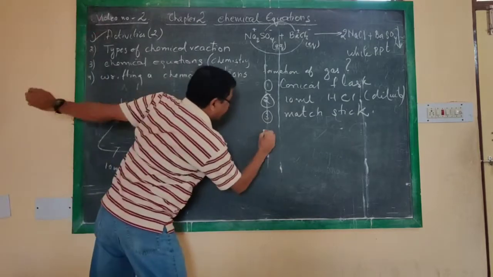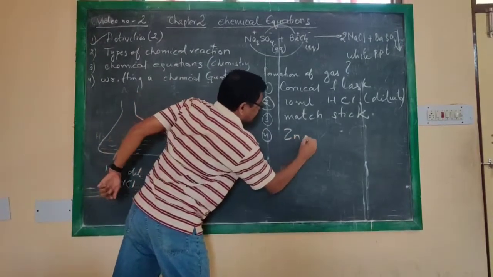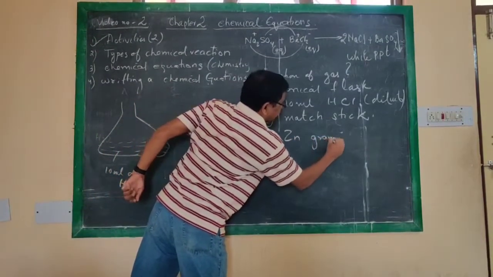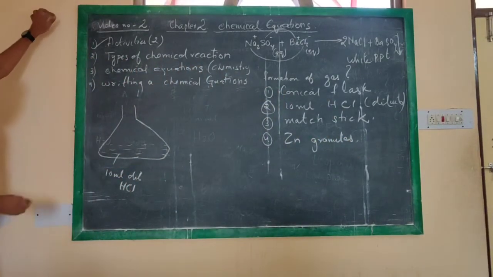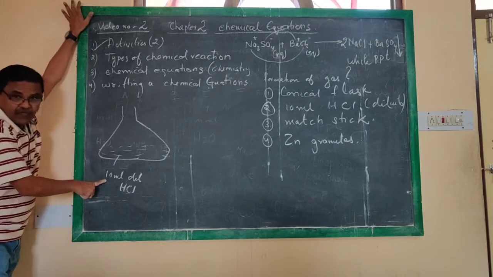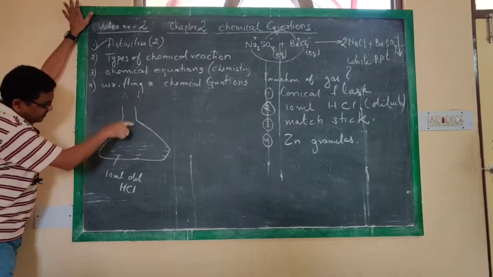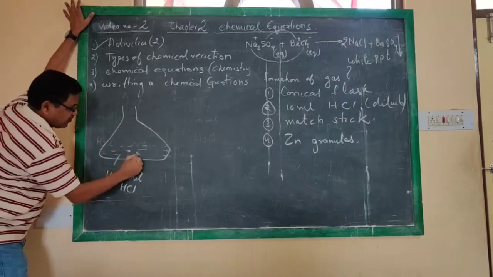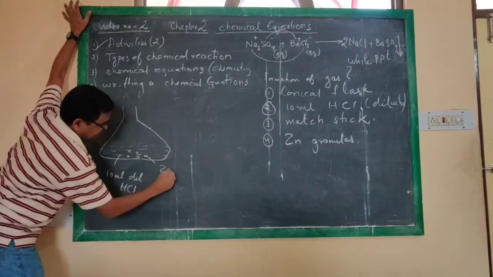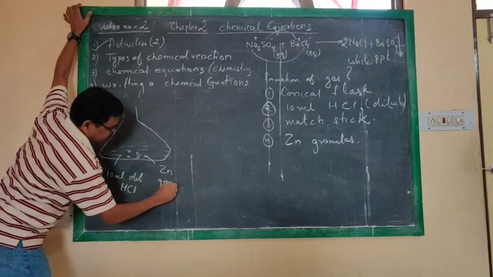Now here we also require one more thing, that is zinc granules. So we have taken 10 ml of hydrochloric acid, and in this we have put a few zinc granules.